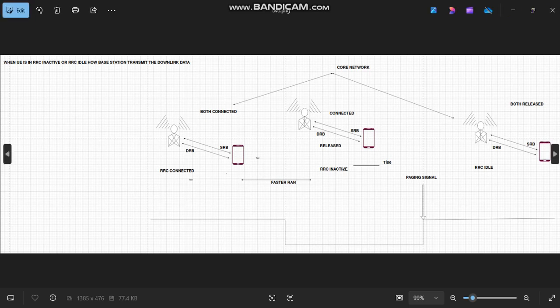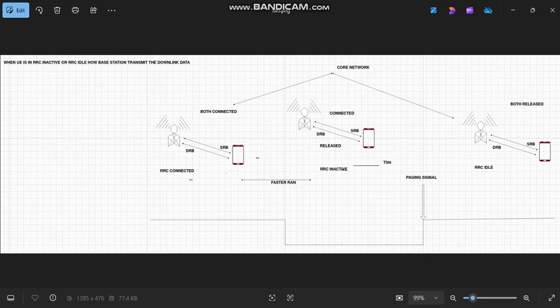Coming to a one-step-higher concept, we now have a question: how is the UE in the RRC inactive or RRC idle state? When the UE is in RRC inactive or RRC idle state, whenever the base station wants to transmit downlink data, the UE has to be ready to receive that data.